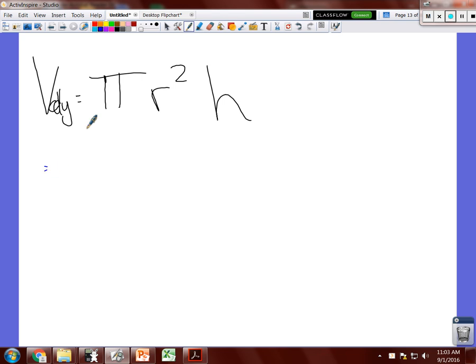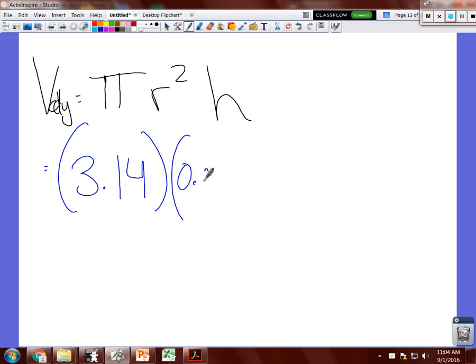Well, the easy part is 3.14. Now, the r is a little aggravating because they gave you the diameter. What's half of 0.175? Okay? And that's centimeters, and we have to square this thing.